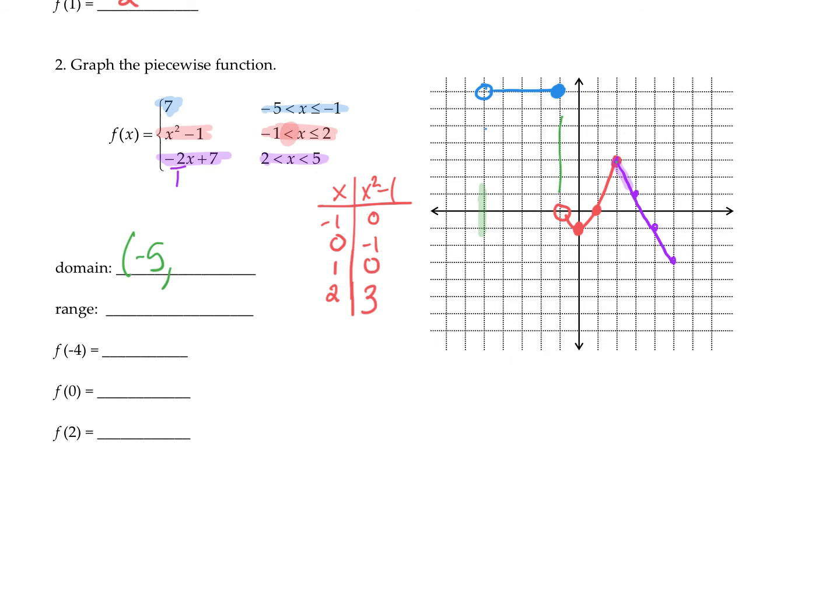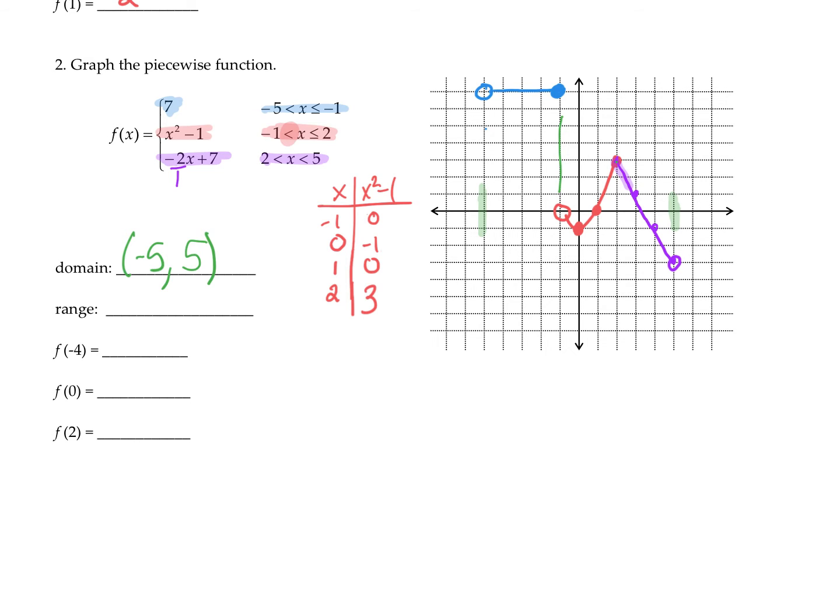And then the most right point is here at 5. So my domain is going to be -5 to 5, where -5 is not included, but 5 is also not included, because this should have been an open circle.